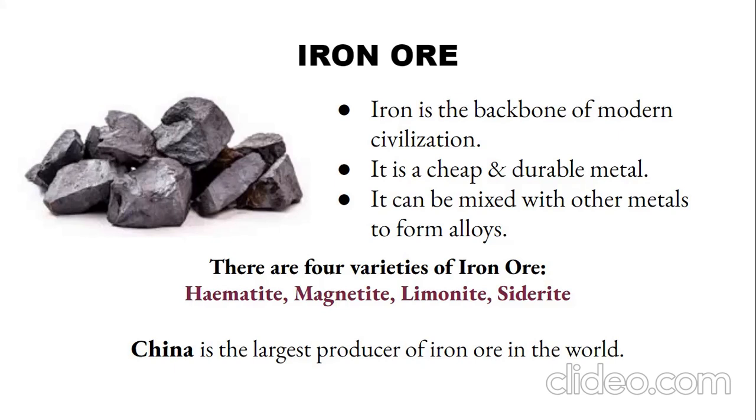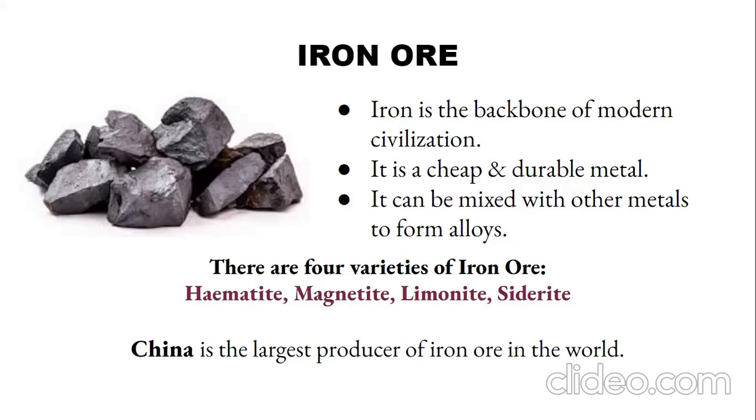Plus, it is cheap, it is a durable metal, and it can be mixed with other metals to form alloys. Now, what are alloys? Alloys are the mixture of two or more metals to form another different kind of metal. We do not call it a metal, we call it an alloy.